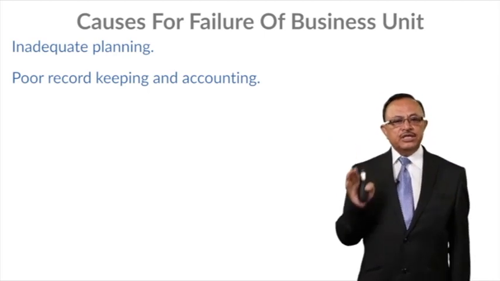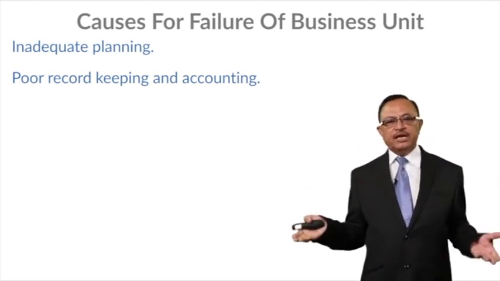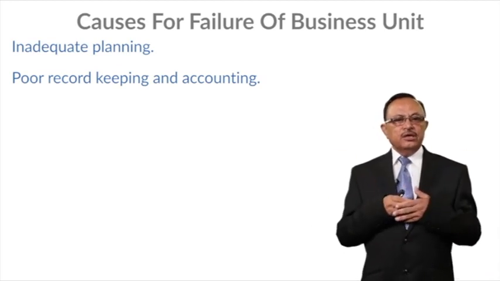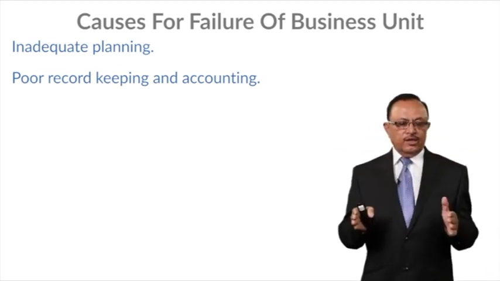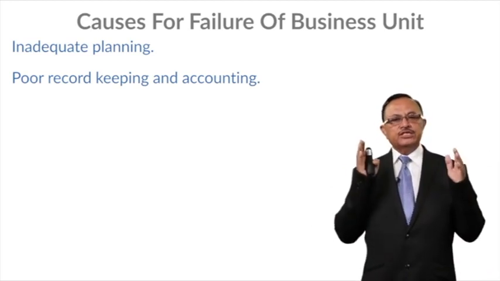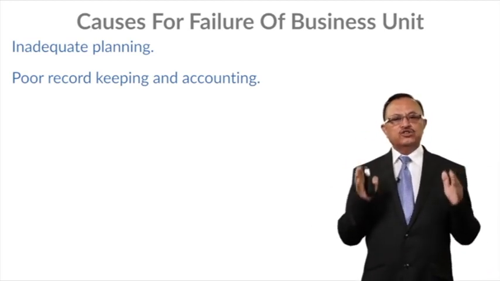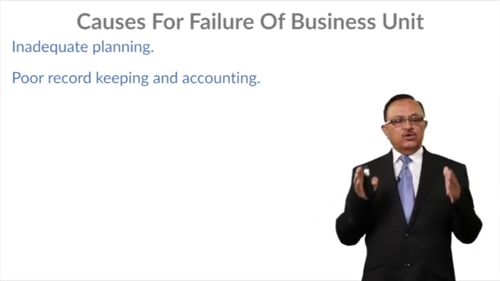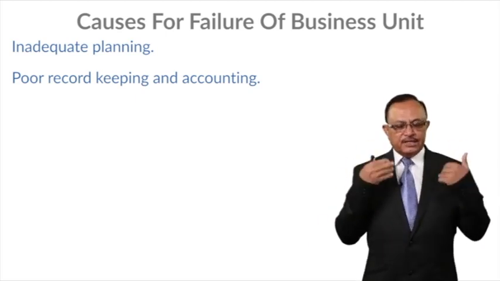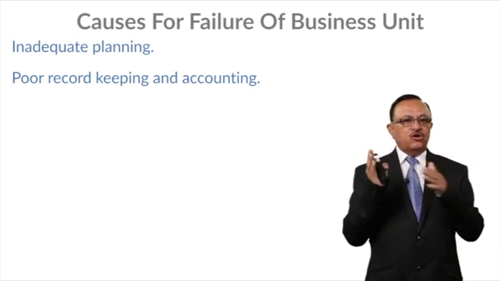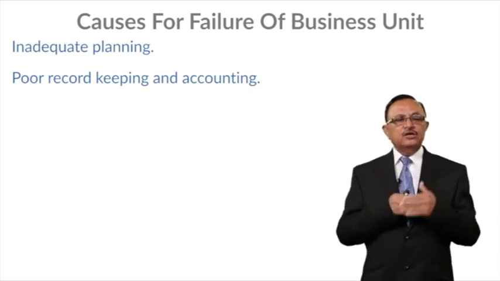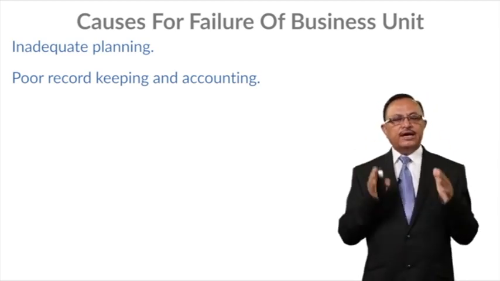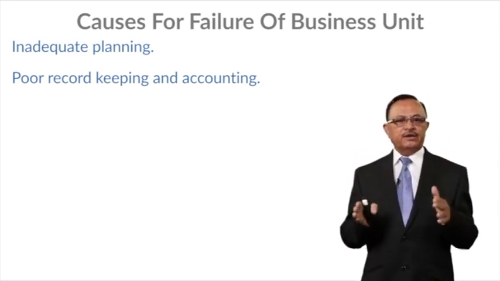That means a business unit cannot prepare its balance sheet on its own as per its sweet wish. There are certain rules. For example, the Institute of Chartered Accountants of India has prepared accounting standards. So how a business unit should prepare its balance sheet is based on those accounting standards. So business units need to keep their records and accounting in a proper manner.